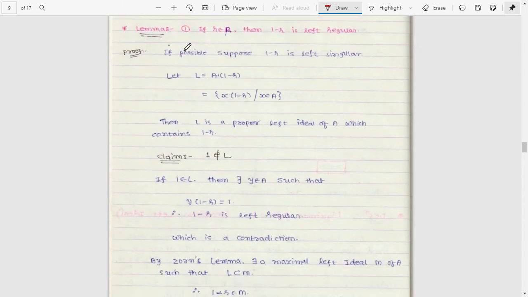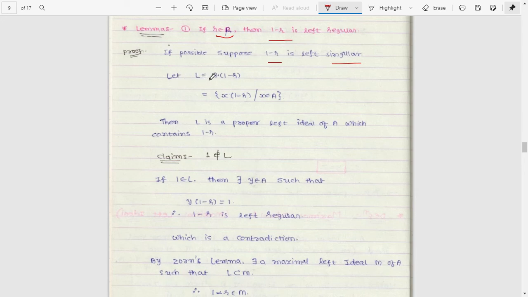Lemma: if r belongs to R, then 1 minus r is left regular. Proof: if possible, suppose 1 minus r is left singular. We suppose this for contradiction.